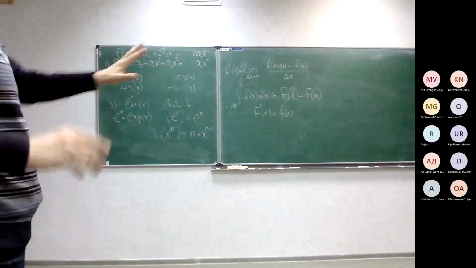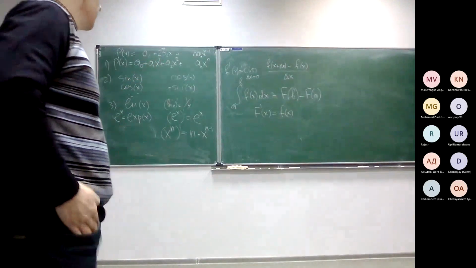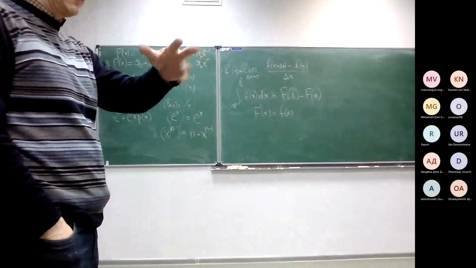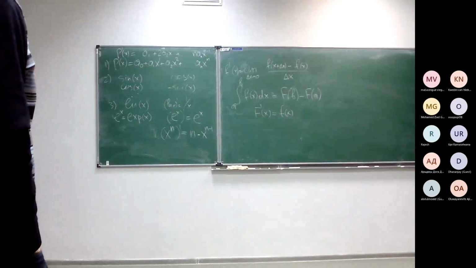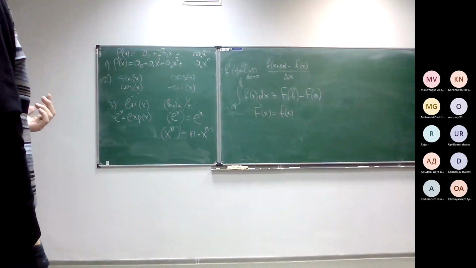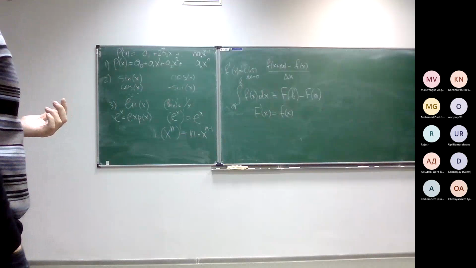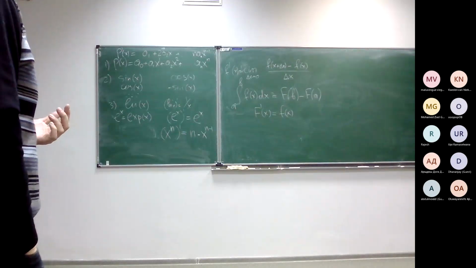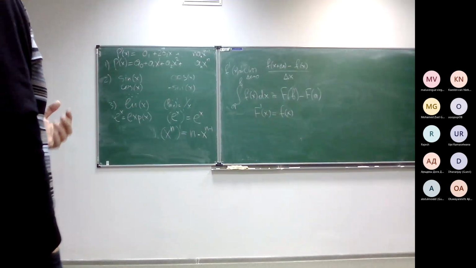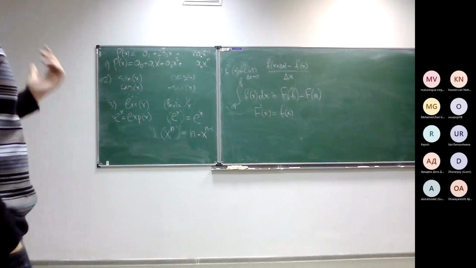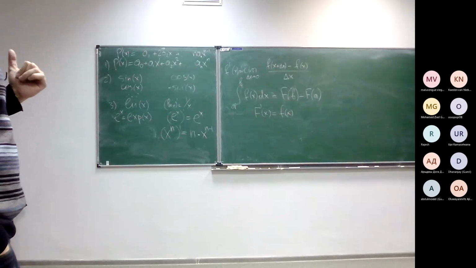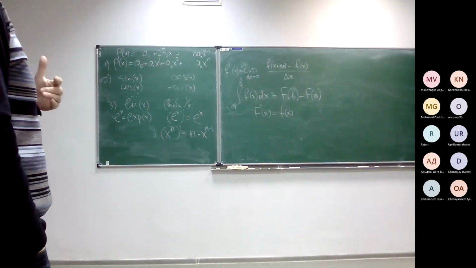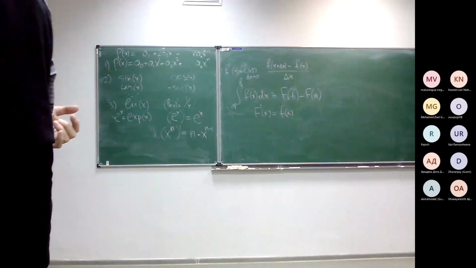But I show you only the final result that can be derived from this definition: the integral from a to b of f of x dx equals F of b minus F of a, where capital F is such a function that F prime of x equals f of x.